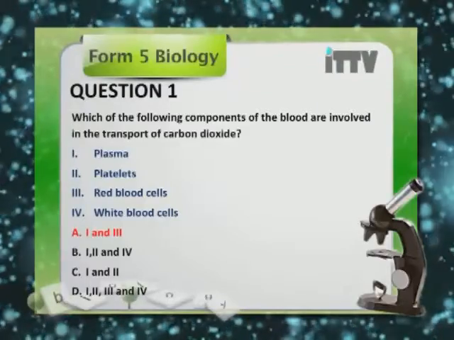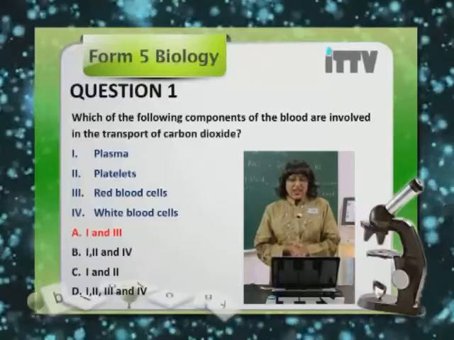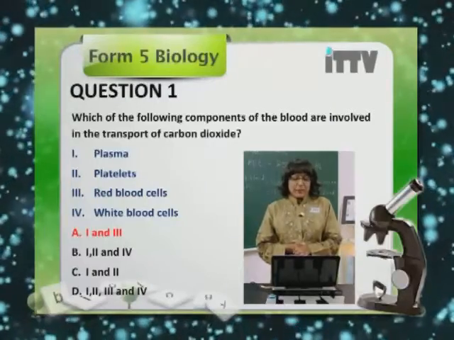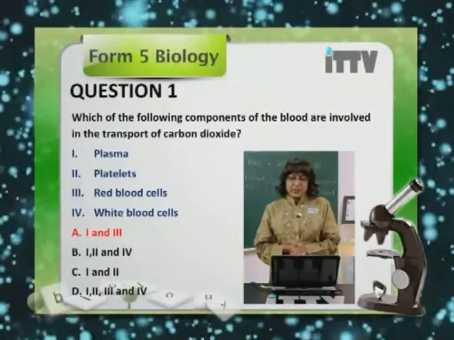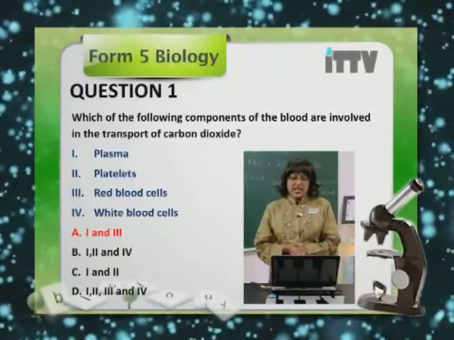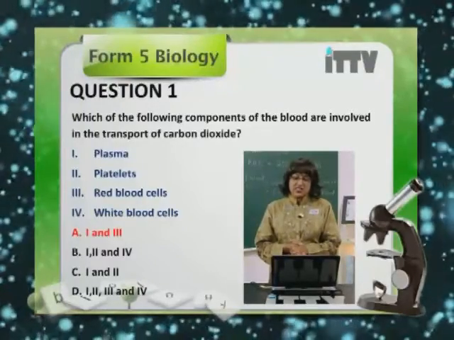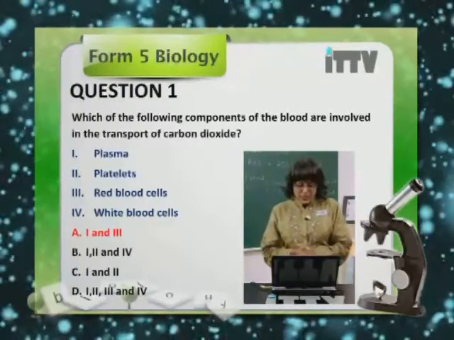Yes, the answer is A, 1 and 3. The red blood cells play a very important role in transporting carbon dioxide. They transport 23% of the carbon dioxide in the form of carbaminohemoglobin.